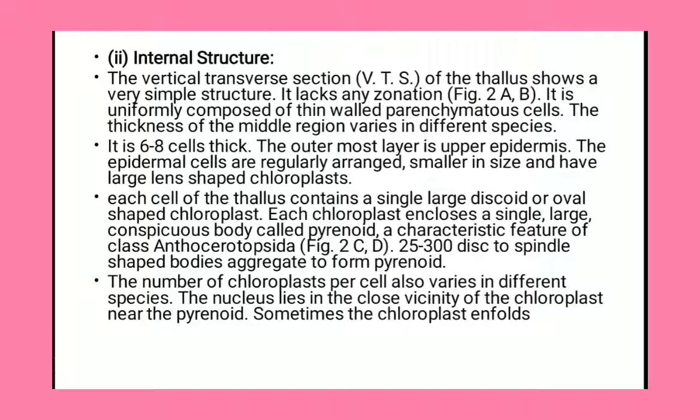Each cell of the thallus contains a single large discoid or oval-shaped chloroplast, and each chloroplast encloses a single large conspicuous body called the pyrenoid, a characteristic feature of the class Anthocerotopsida. 25 to 300 discoid or spindle-shaped bodies aggregate to form the pyrenoid.